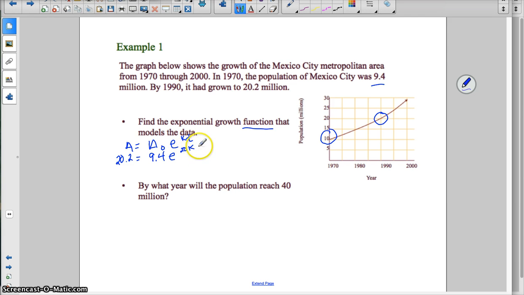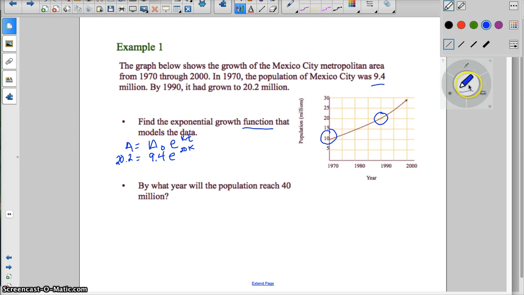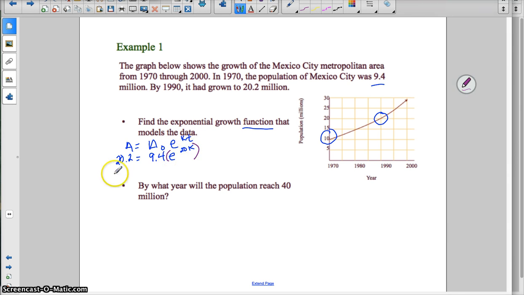If I'm solving for the rate, I first need to isolate the factor or the base that's raised to that exponential power. So I need to isolate e to the 20k power. We'll do that by dividing both sides by 9.4. You're welcome to use your calculator to crunch numbers here.